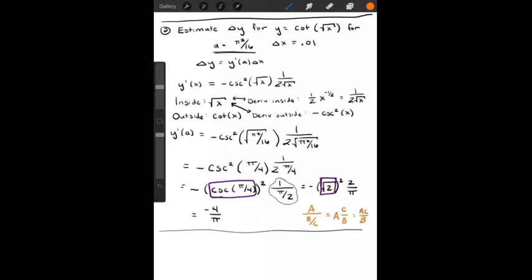In this case, the A in question was 1, so we really just get C over B, and this here that we circle goes directly to this guy. Does that make it a little clearer?